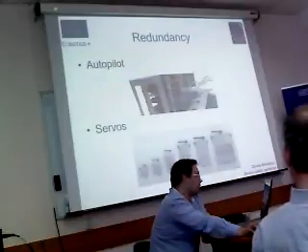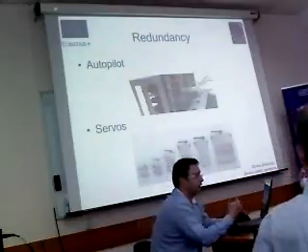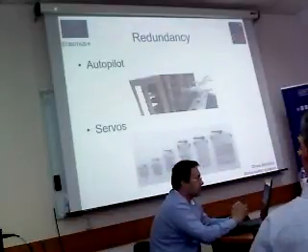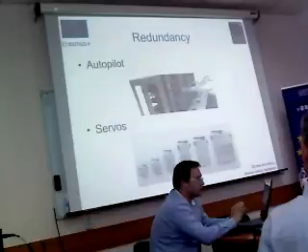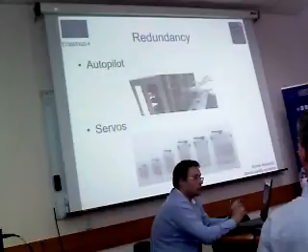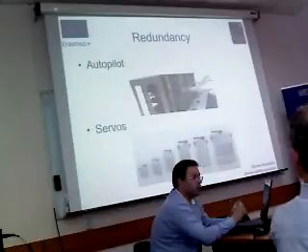So UAVs can have redundancy at different levels, starting, for example, from batteries and other elements. But the most important thing, which is the autopilot, can also be redundant. So redundant autopilots are often composed of two or three equal autopilot modules, all managed by an arbiter.